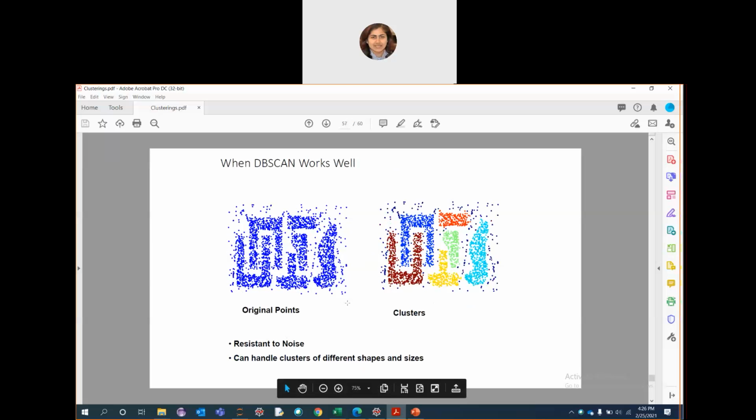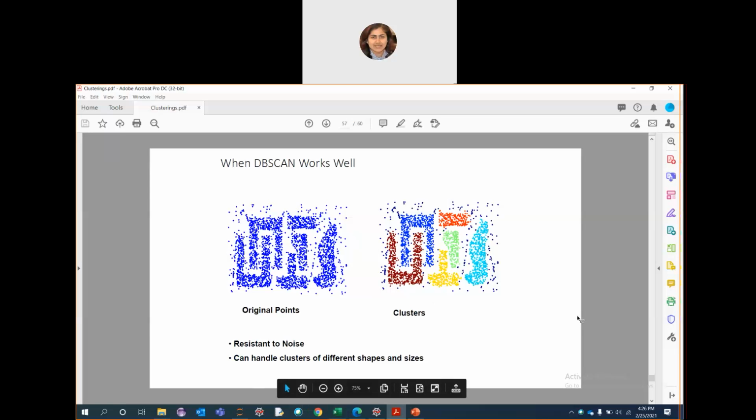DBSCAN is efficient in terms of handling noise points, because the K-means algorithm, if you remember, doesn't have that much ability to differentiate outliers effectively, but DBSCAN does have that, so it is resistant to noise.